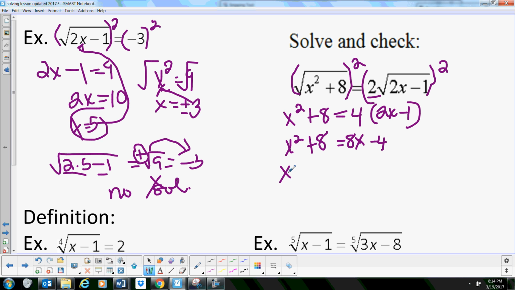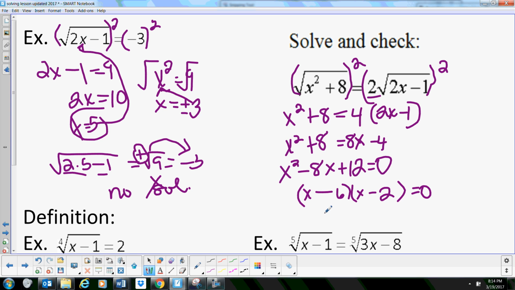So we get x squared minus 8x plus 12 is equal to 0. So let's factor this trinomial, and we get x minus 6, x minus 2. And so our two solutions are 6 and 2.